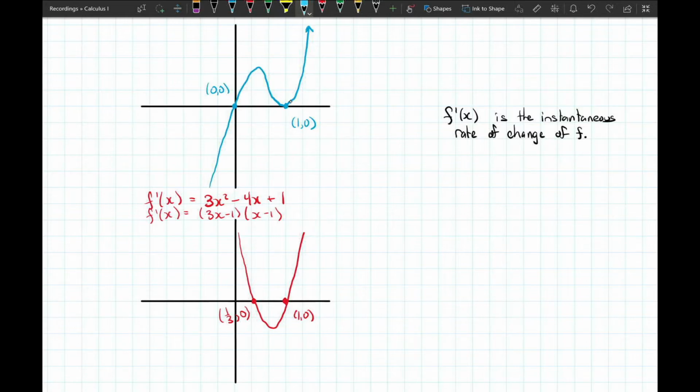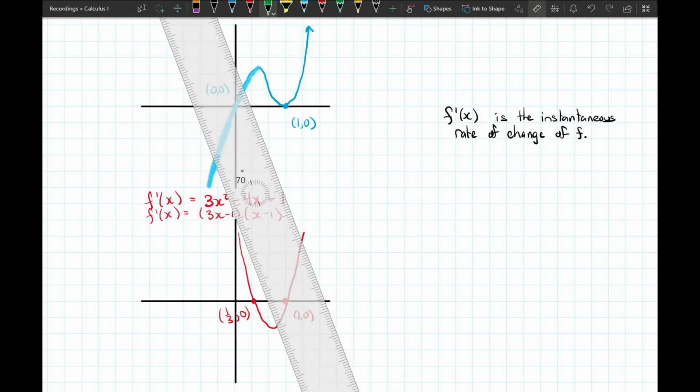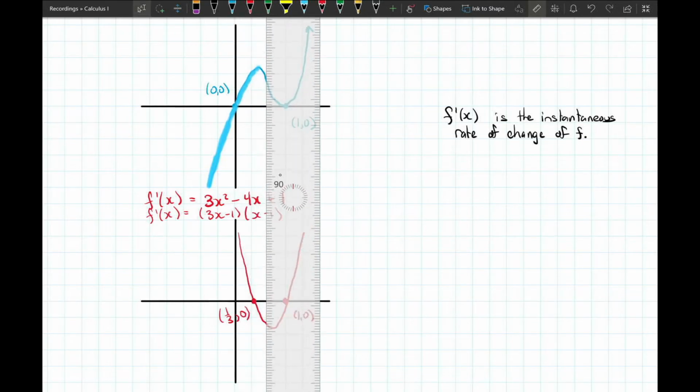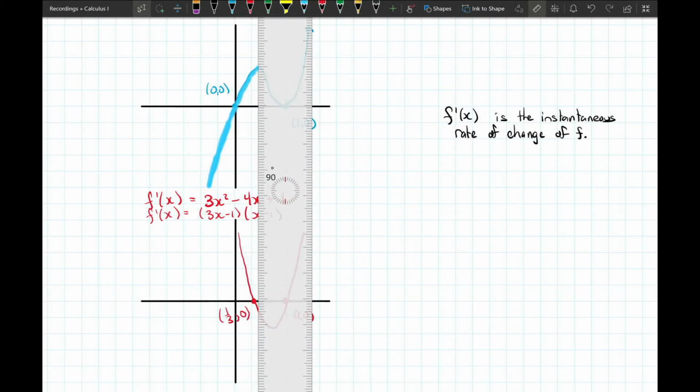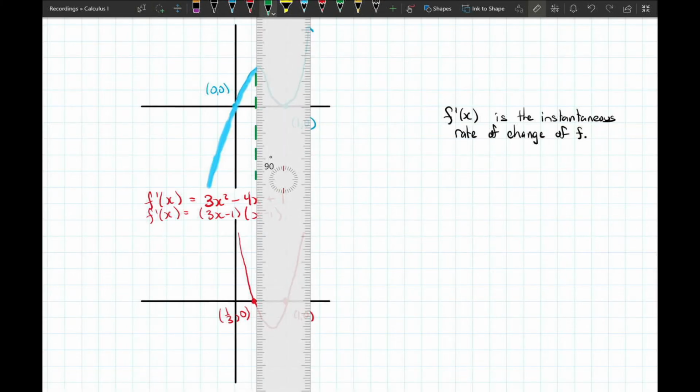We can see sections of this curve where the function is increasing. So this particular blue section is increasing, and where it stops increasing and becomes a maximum, that corresponds to this particular x-intercept right here.